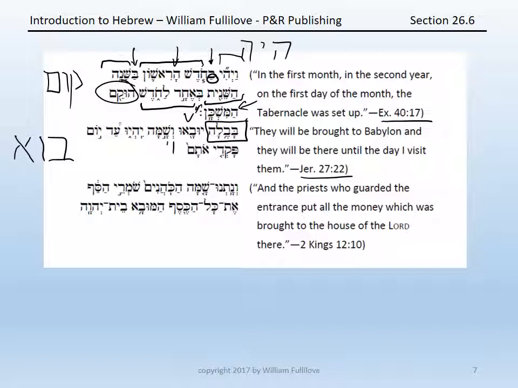V'shamah, there, yihyu, they will be. Qal imperfect, third masculine plural of the third he verb, haya. And they will be until ad yom, the day of, this is in construct, pokdi. Notice that the stress is on the second syllable. This means our first syllable has a qamets hatuf.